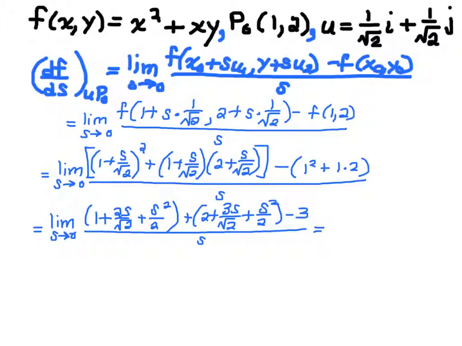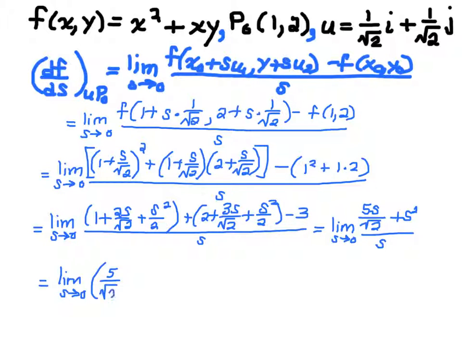So this is equal to the limit as s goes to 0 of 5s over radical 2 plus s squared, that's the numerator, again all over s, which is equal to the limit as s goes to 0 of 5 over radical 2 plus s.